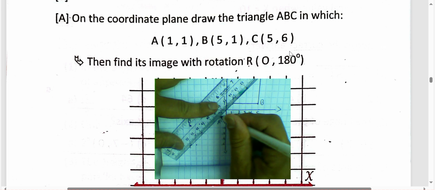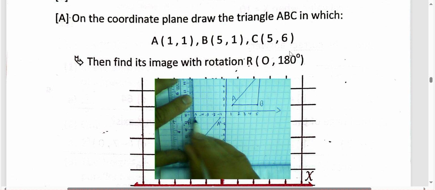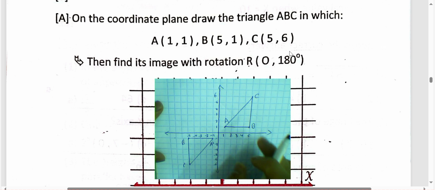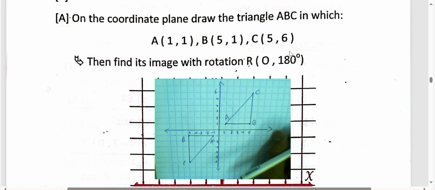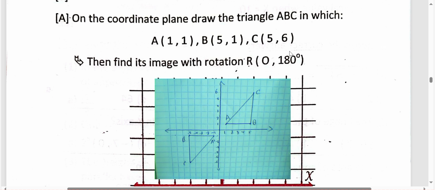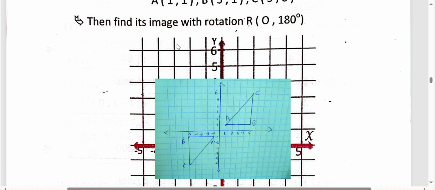Then draw the triangle. Okay, we have two triangles, ABC and A dash B dash C dash, the rotation around 0 by an angle of 180 degrees. We change the sign of x and y only.